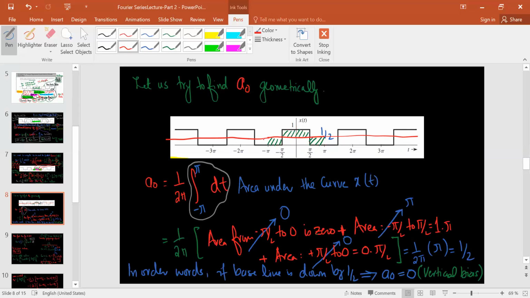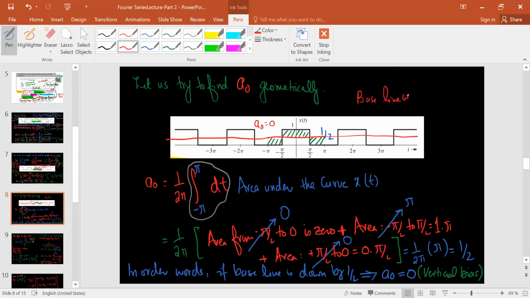So in this case, if I use the red line, my a naught will be 0. So a naught represents the baseline. So sometimes when we are doing this medical signal processing, we call it baseline wander.